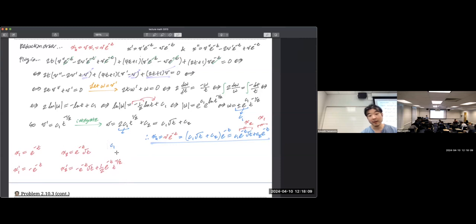Just to condense this, I'm going to think of this as my matrix. So the Wronskian is just the determinant of this.